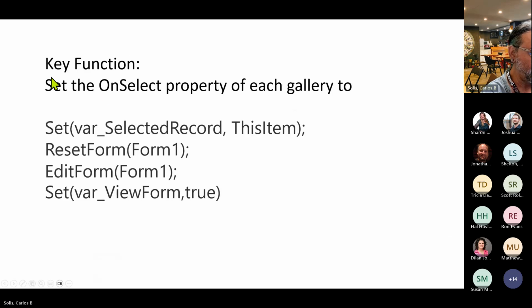So the key function that we will be using is the onSelect property of each gallery. And we're going to set a variable called selected record. And we're going to populate that variable with the item that is being selected in the gallery. And then we're going to bring up a form that is sitting in the background as a pop-up. And we're going to set its content to that variable.